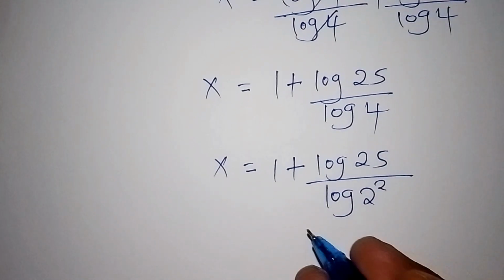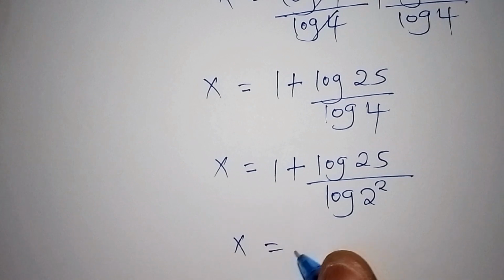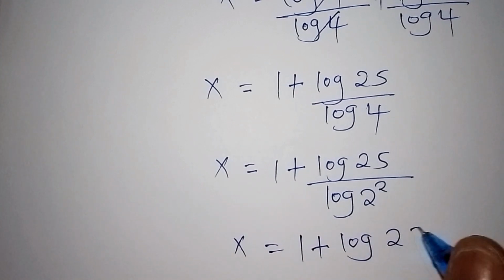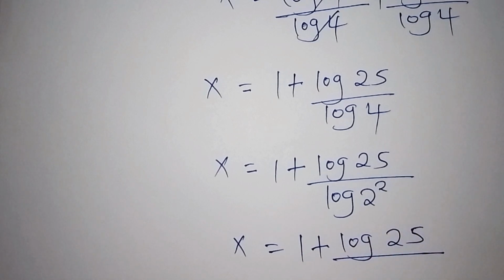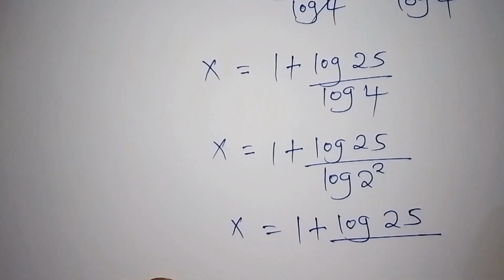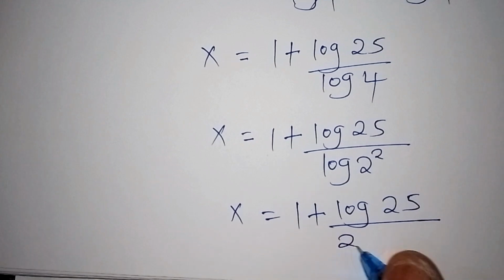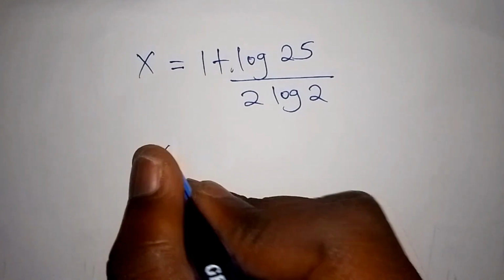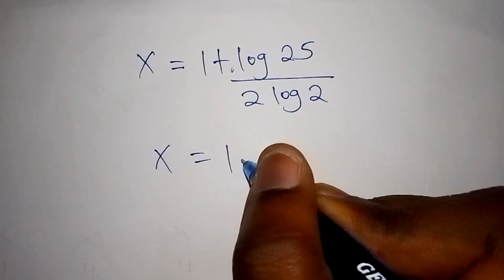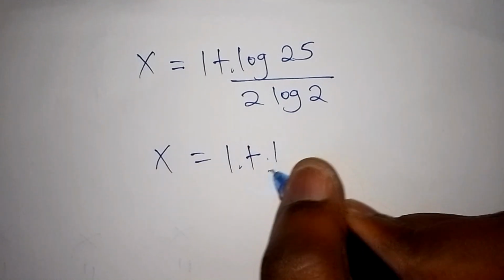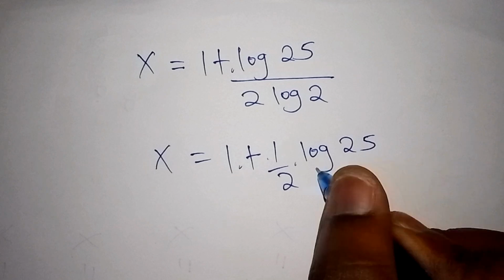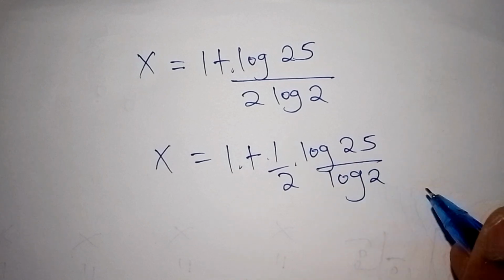So x is equal to 1 plus the log of 25 all over the log of 2 to the power of 2, which can be written as 2 log 2. We can simplify it and say that x is equal to 1 plus a half, then the log of 25 all over the log of 2.